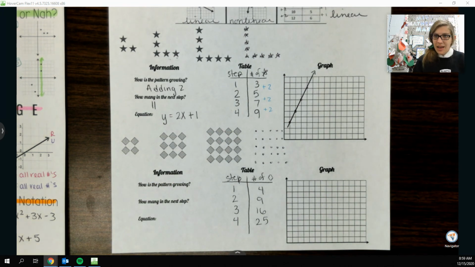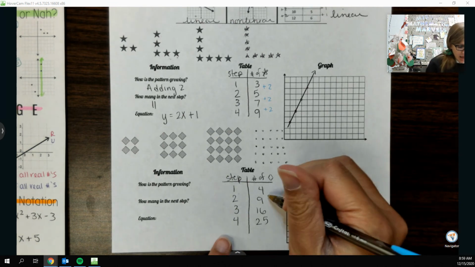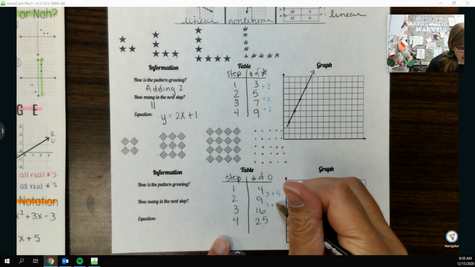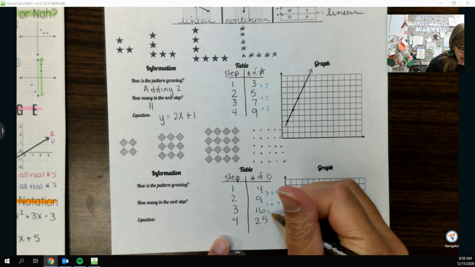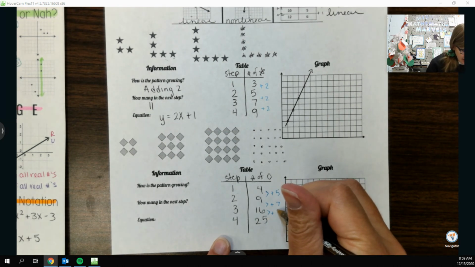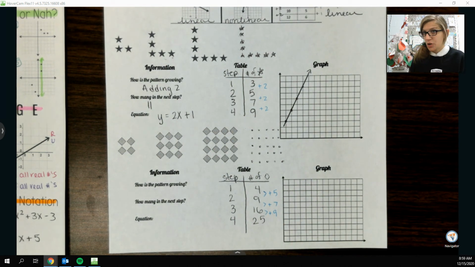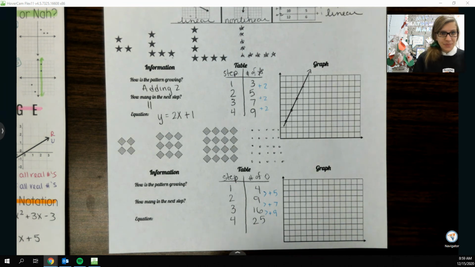And so if I think about how the pattern's growing, if I try to do what I did on the last one by adding, here I have to add 5, but here I'd have to add 7. And here I'd have to add 9. So I'm not adding the same every time, which means that it's not linear.